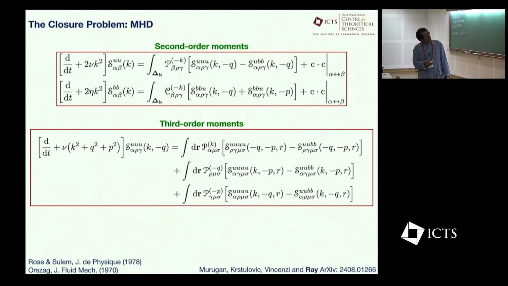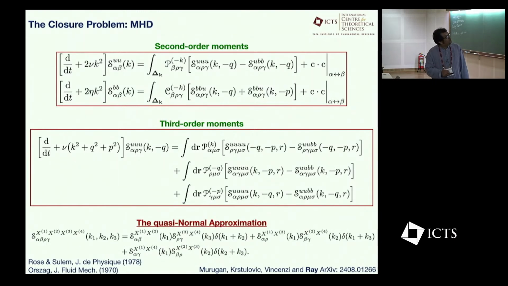You go to third order, and then they start depending on the fourth order, and you climb the ladder. So what one does, and this was in a couple of very nice papers by Steve Orszag and Pierre-Louis Sulem and Rose, tells you how you make an approximation at the fourth order by assuming quasi-normality.